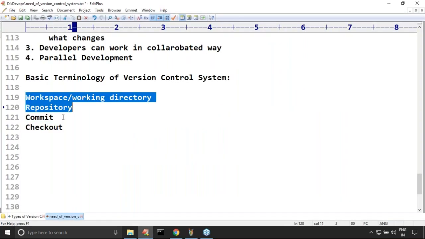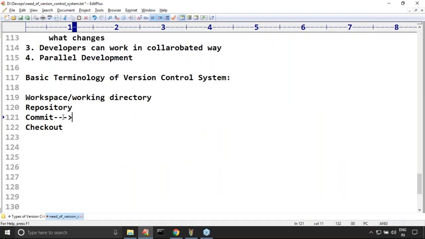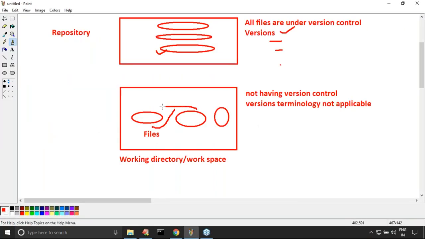Next, what is commit, sir? Commit means, sir, I developed some files. My work got completed. I have to save these files for future purposes. You have to send these files from working directory to repository for versioning purpose. Are you getting it? We have to send our files from working directory to repository for versioning purpose.